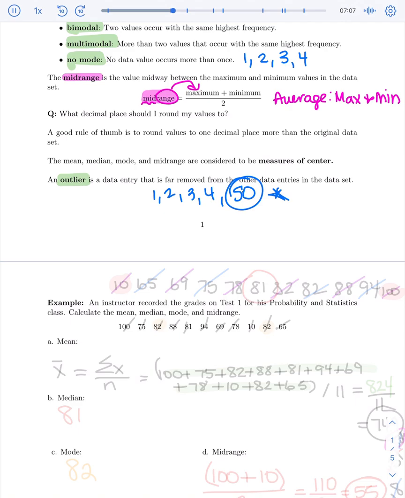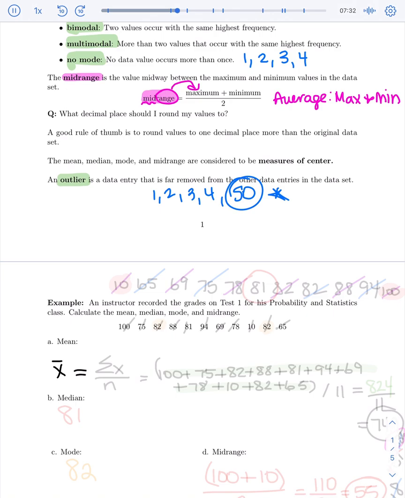Okay, so let's take a look at this first example. An instructor recorded the test grades on test 1 for his probability and statistics class. Let's find the mean, median, mode, and mid-range. Well, for the mean, I'm going to use the right symbols here. The symbol for the mean is x-bar, since we've got a sample here.